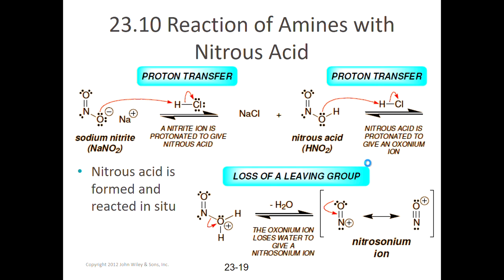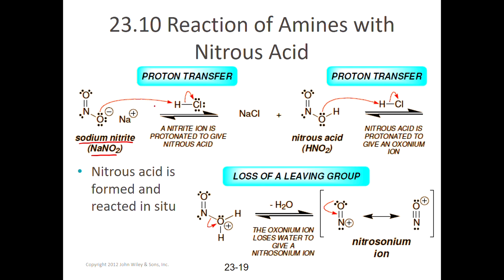So the first thing that is involved in this reaction is a reaction between sodium nitrite, which is NO2 minus, and HCl. So in some textbooks, they show the NaNO2 and the HCl as your reactants.